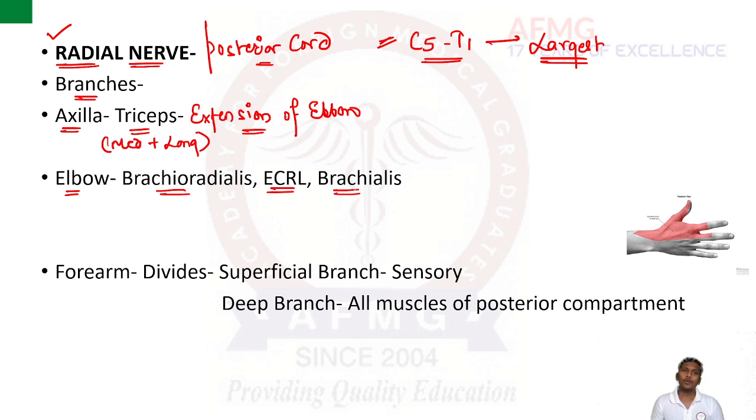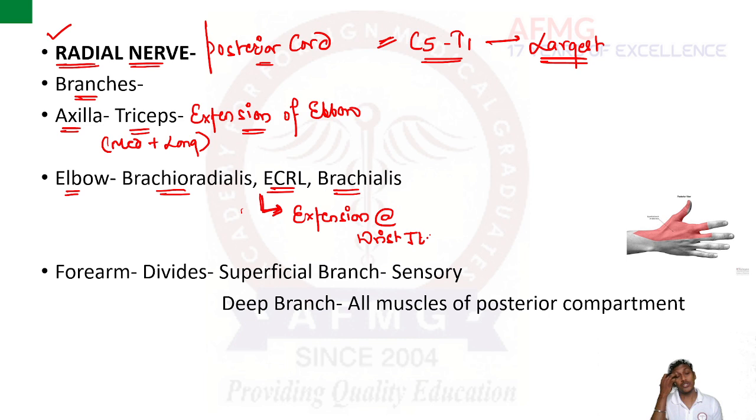So at the level of the elbow, the radial nerve gives motor innervation to brachioradialis, extensor carpi radialis longus and brachialis. Mainly extensor carpi radialis longus is responsible for causing extension at the wrist joint.